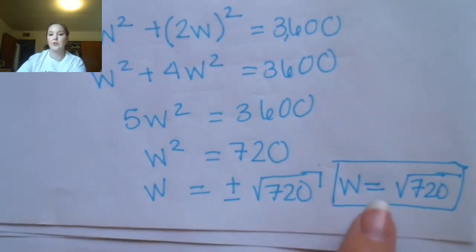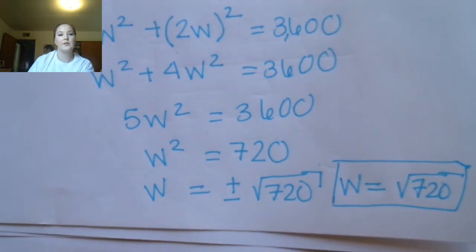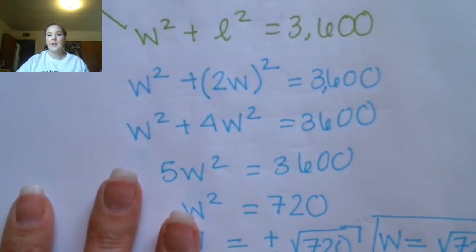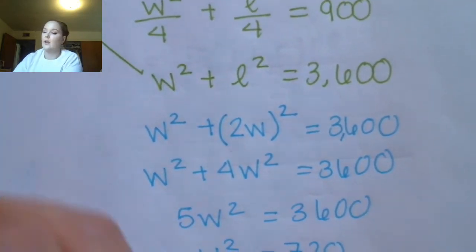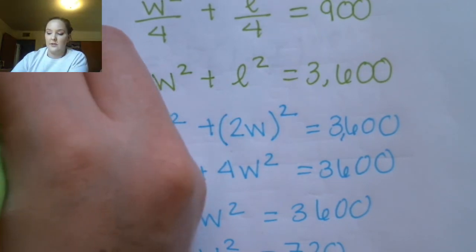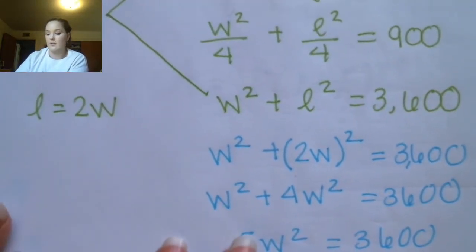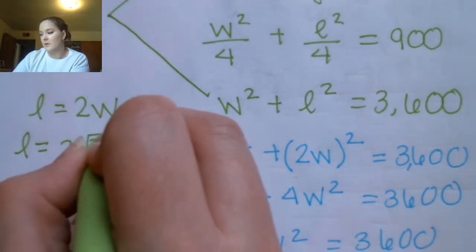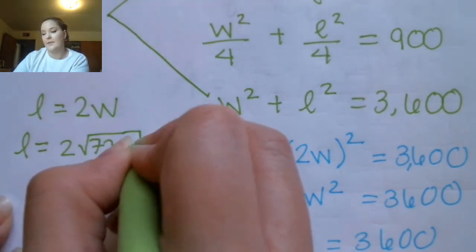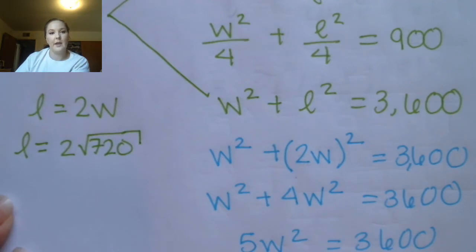So again, you're choosing the positive root because you're describing the length of a side. Now if we wanted to find the length here, we know that the length is twice the width. So the length is 2 times root 720, and I would be happy with your answer just in that format.